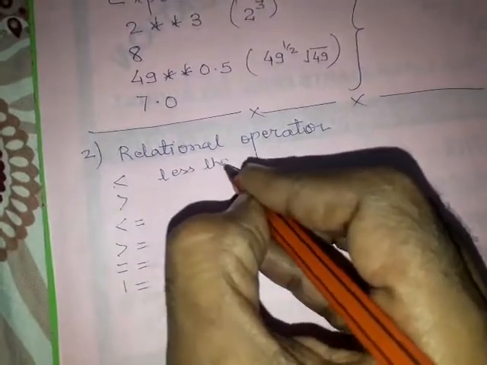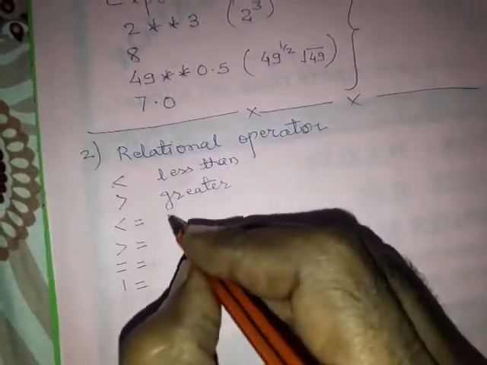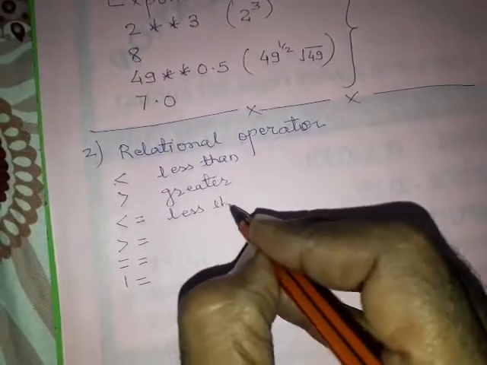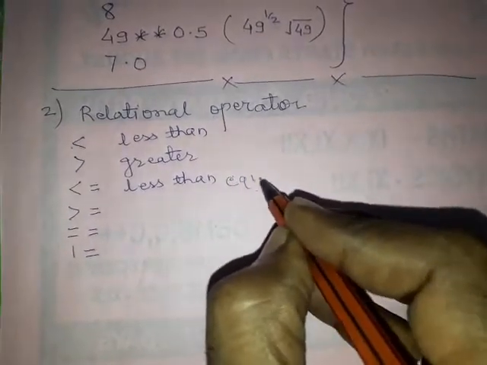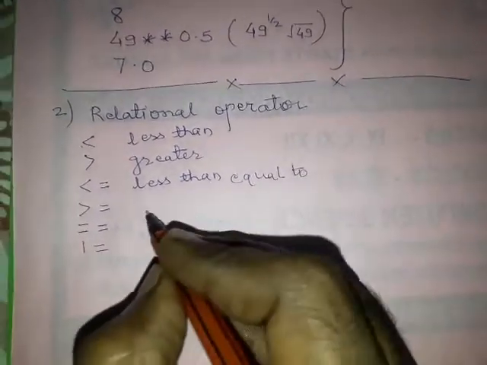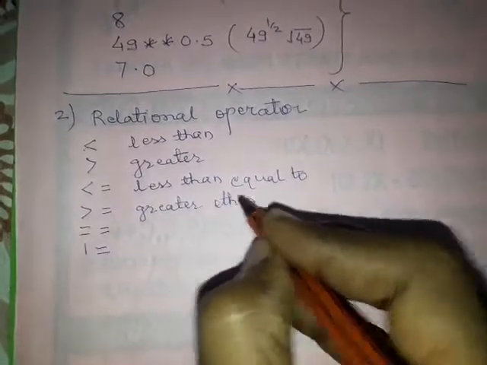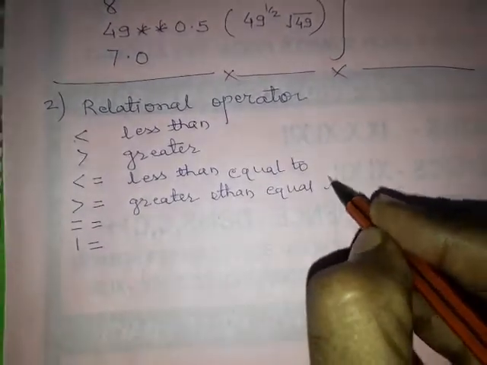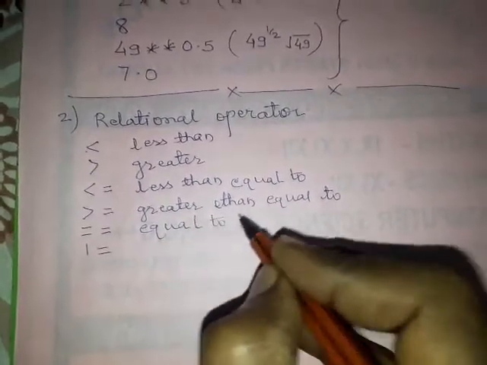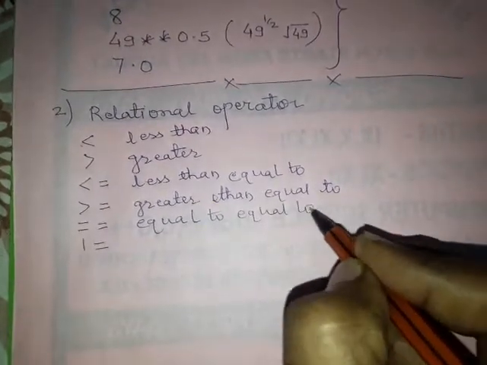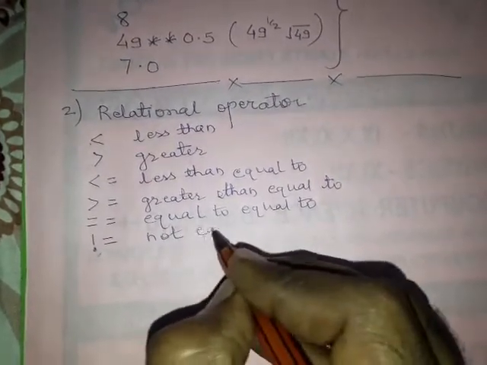This is less than, this is greater than, this is less than equal to, this is greater than equal to, this is equal to, and this is not equal to.